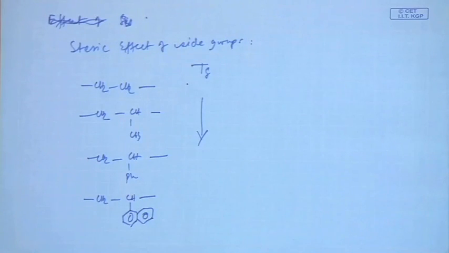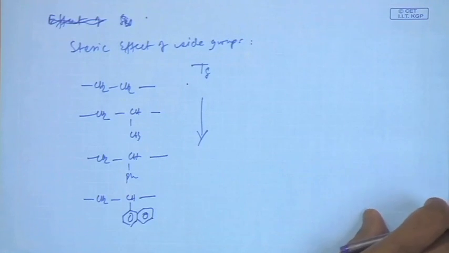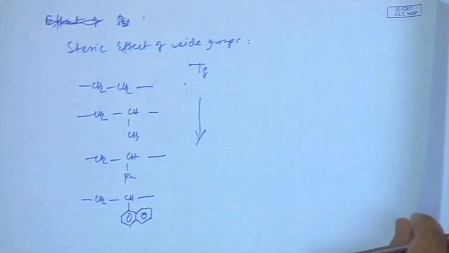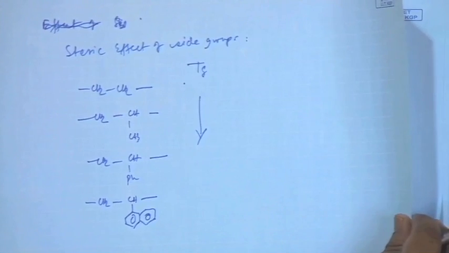So, because of the increase in size, the polymer stiffness goes up, and hence the Tg goes up. So, if we have bulky side groups, the polymer chains become more stiff, as a result the Tg goes up.